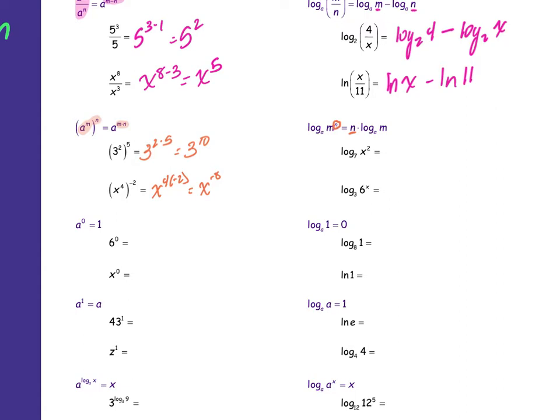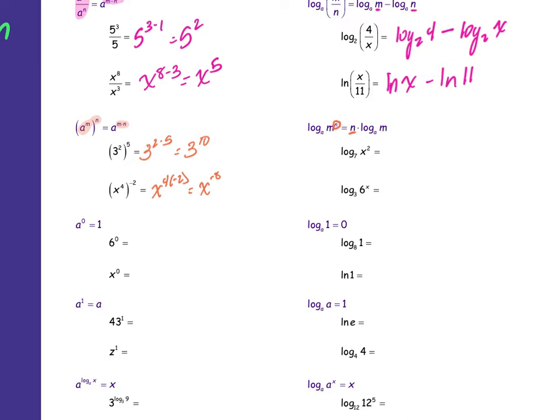Yeah, we can do this. If I take this example that they have, log base 7 of x squared, remember, what does it mean to be squared? Can anyone tell me? Multiplied by itself, right?